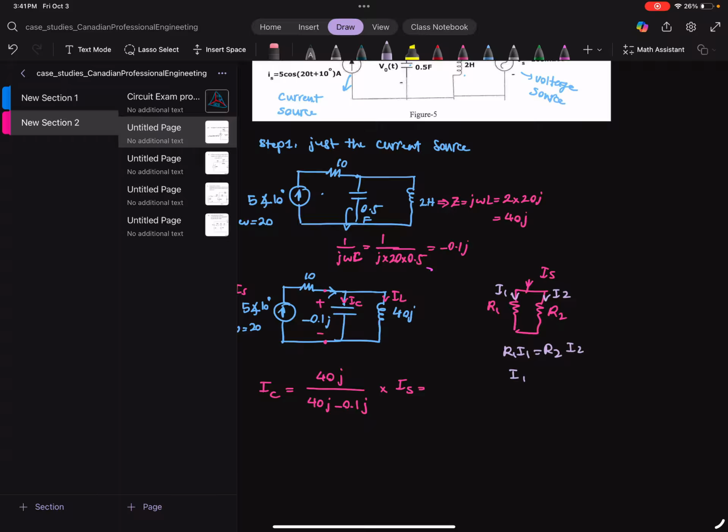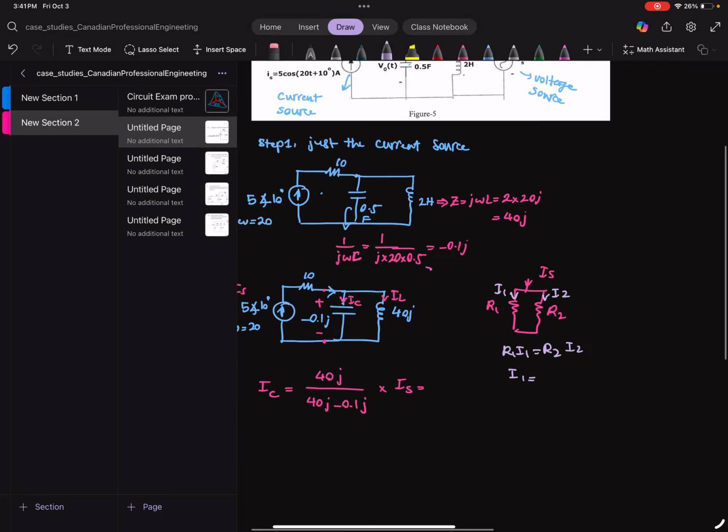So then I1 has to be R2 over R1 multiplied by I2. Then IS, which is equal to I1 plus I2, has to be R2 over R1 I2 plus I2. So I2 is going to be R1 over R1 plus R2 multiplied by IS.